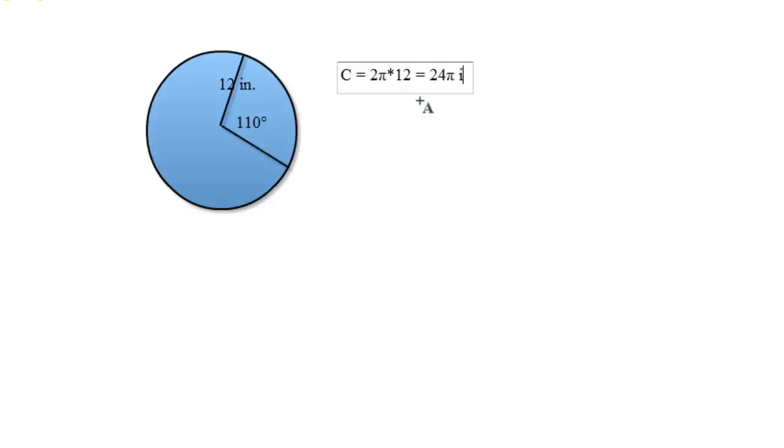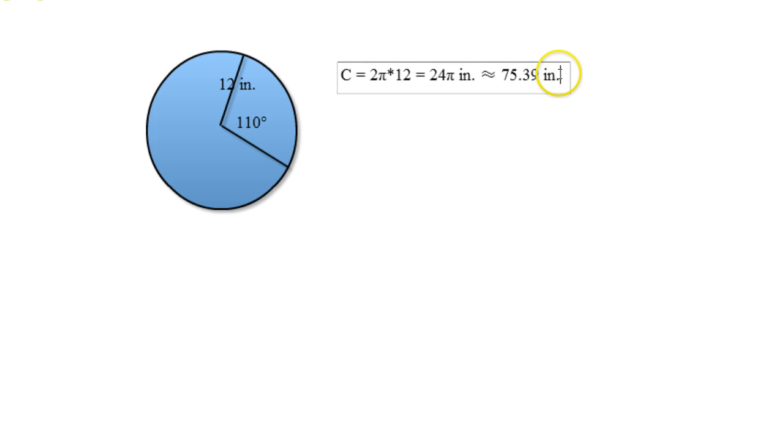Now you're probably asking yourself, why don't we do pi times 24? You can, but it's going to get you an approximate answer. I would just leave it as is, but if you'd like to convert it, it's going to be 75.39 inches.